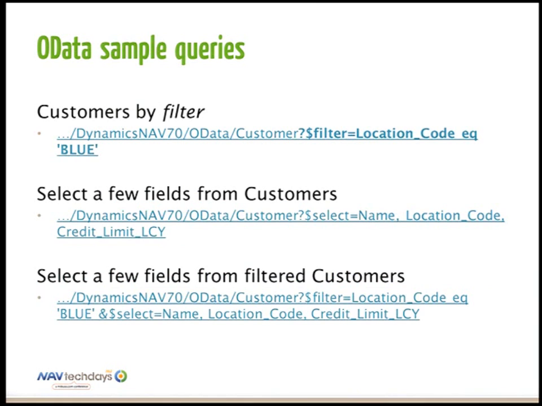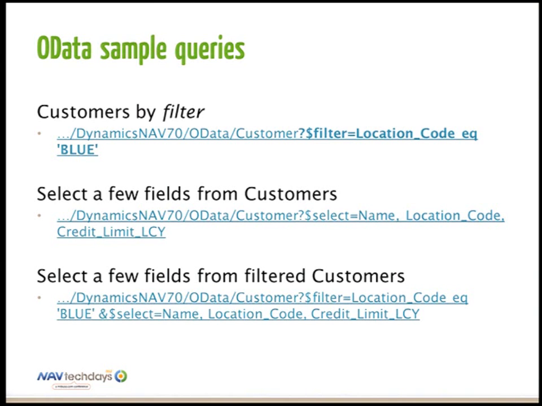You can do filtering, which is standard OData stuff where you can say, okay, here I want customers with location code equal to blue. And there's a lot of different ways to construct this filter, and you can see more at the OData website. You can also control which fields you want returned by your OData resource.